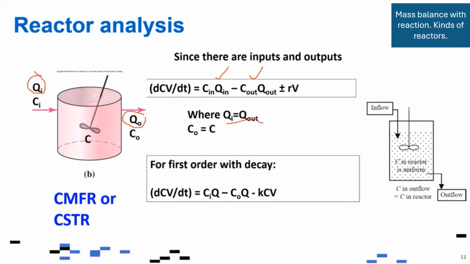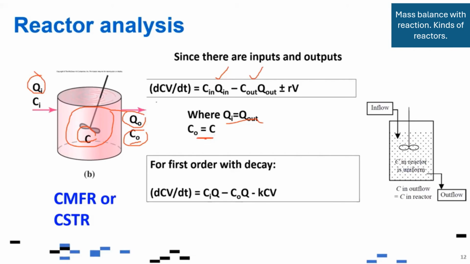And as I mentioned to you before, the concentration in this reactor is the same as the output concentration. So CO is equal to C. Now we can simplify things.